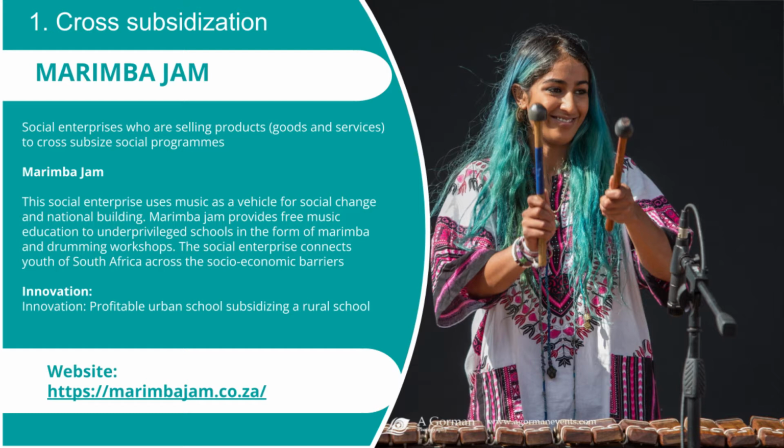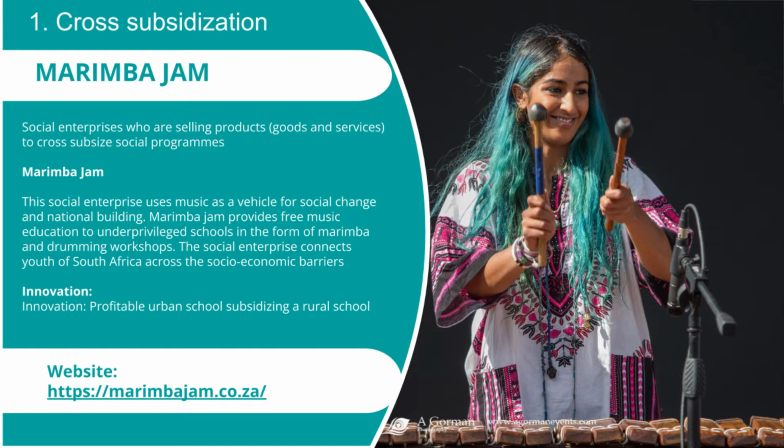So this is a social enterprise that uses music as a vehicle for social change and nation building in the country. So Marimba Jam provides free music education to underprivileged schools in the country and drumming circle workshops, and it connects youth across socioeconomic barriers in the country. And in every business model, I'm just going to quickly point out some of the innovation in that specific model.